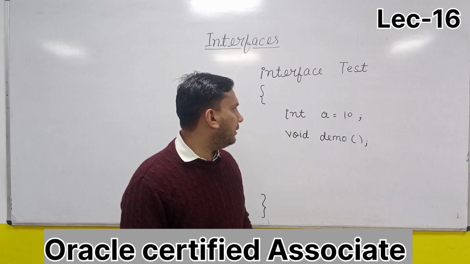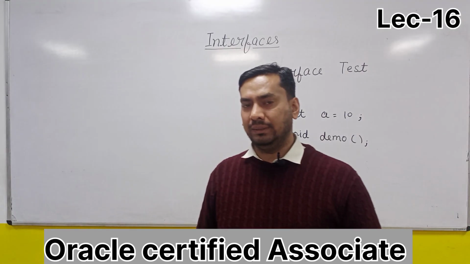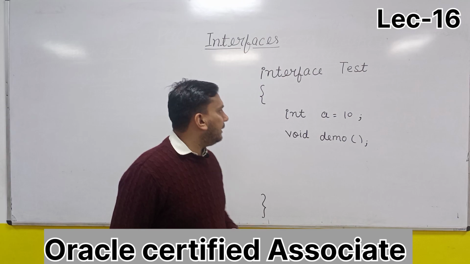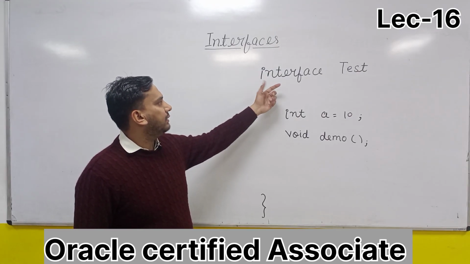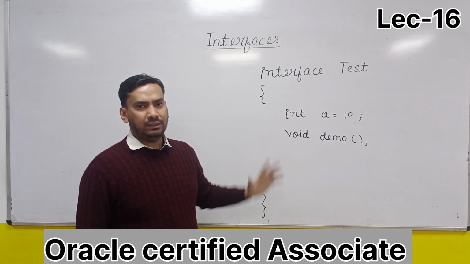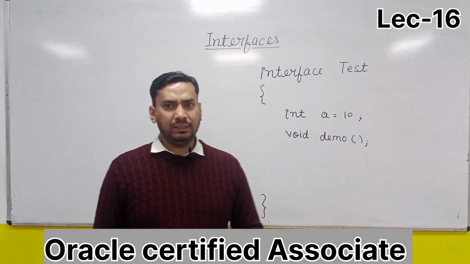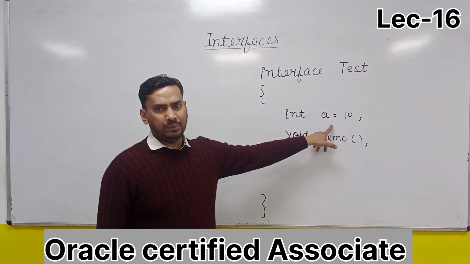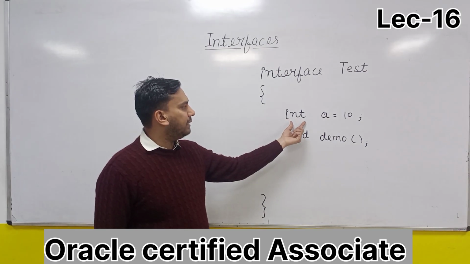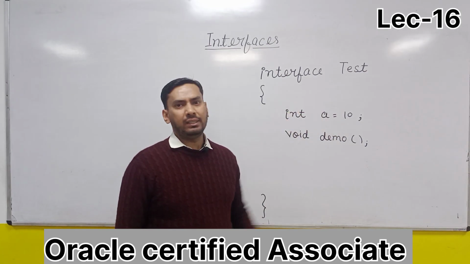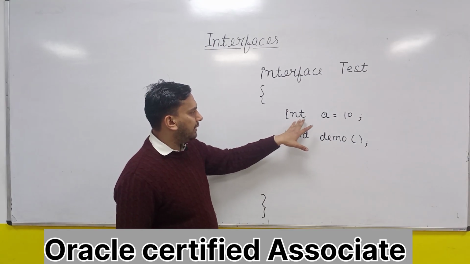So let us talk about the interface. Currently we are talking about the interfaces up to JDK-7, right? Up to JDK-7, only two types of things you can have inside the interfaces. One is some data members. Up to JDK 1.7, inside the interface you can define some data members, like I am defining here int a.